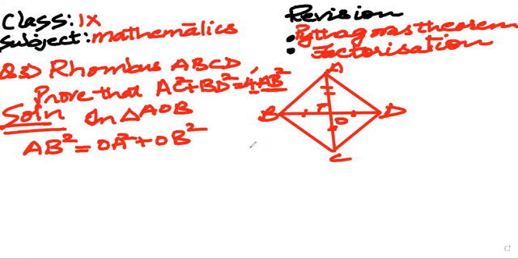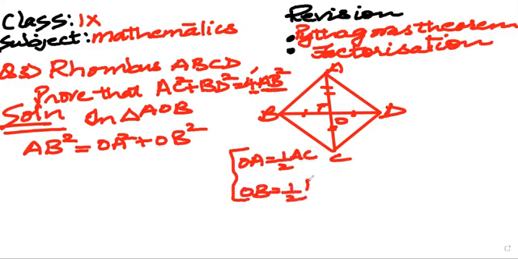Okay, so children, you have to agree with me that OA is actually half of AC. And what about OB? Yes, you are right. OB is also half of diagonal, that is BD. Okay, so children here, instead of OA, I can substitute AC upon 2 because it is half of AC.